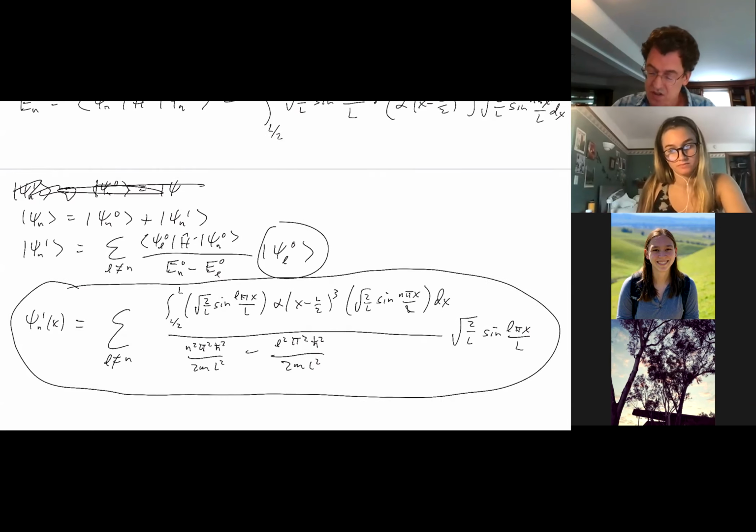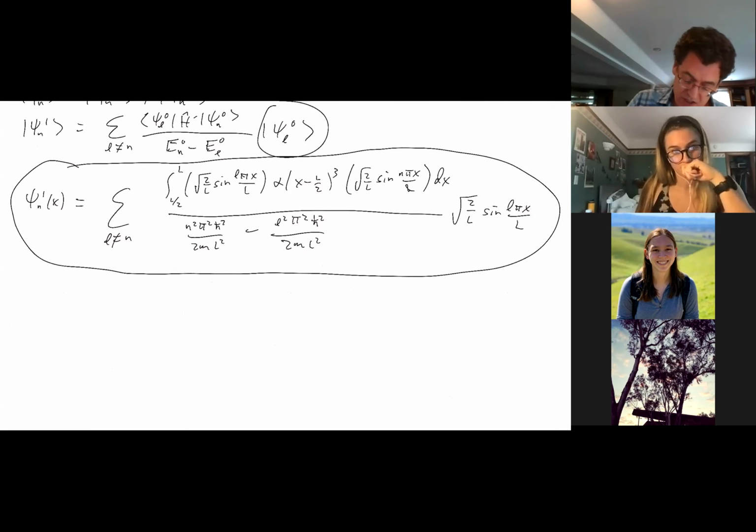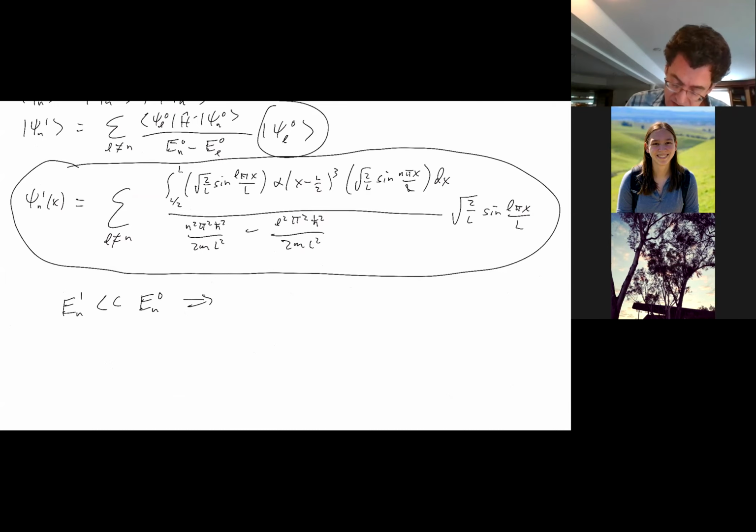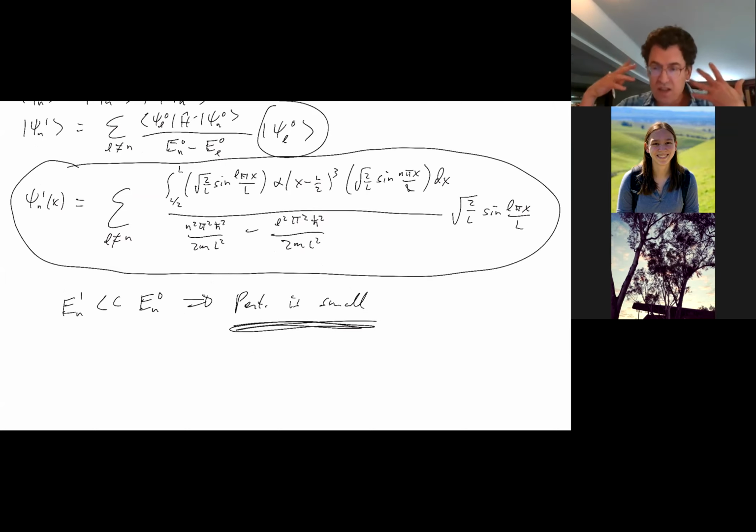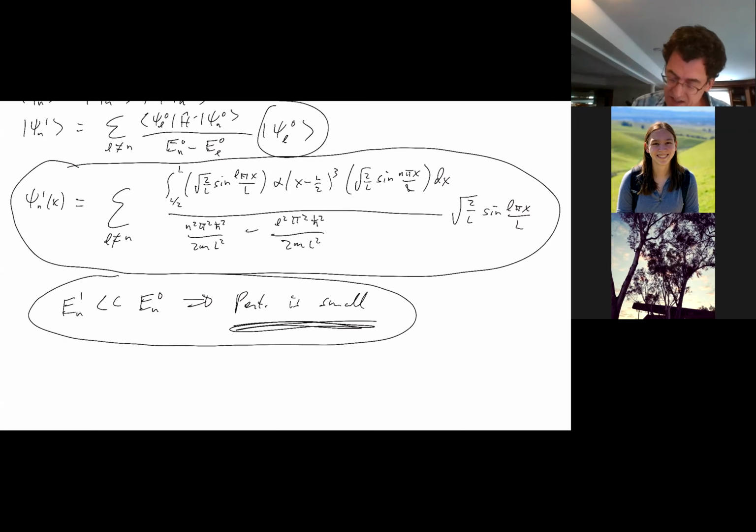So the simplest thing to do is to say, if E n1 is much less than E n naught, then the perturbation is small. That's the first thing that you could do, and I guess that's the answer to your question.